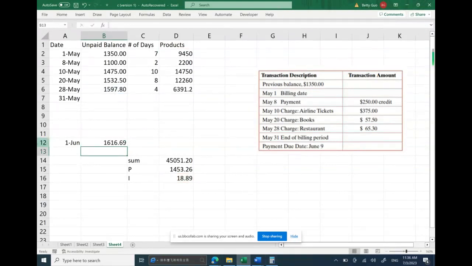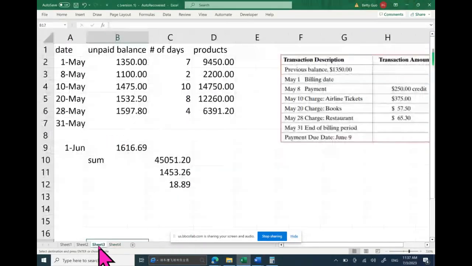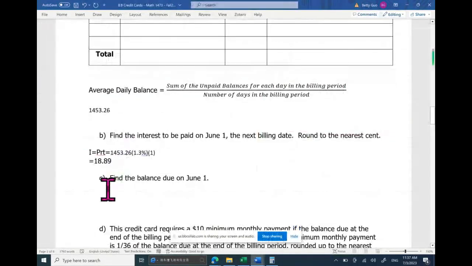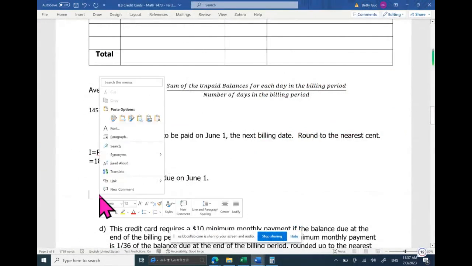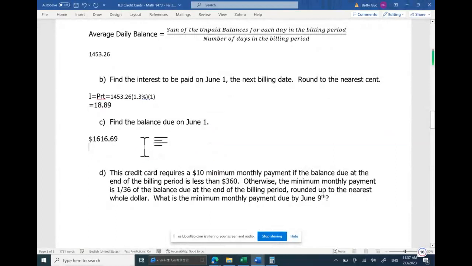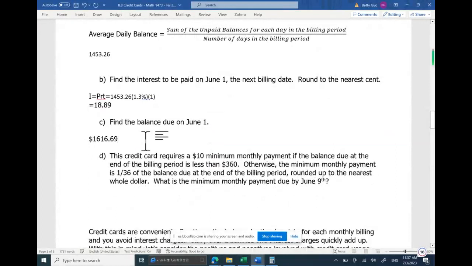So the balance at the beginning of the next billing cycle is going to be $1,669. Of course, the units are all in dollars. That's the balance due on June 1st. That's the part of the example.